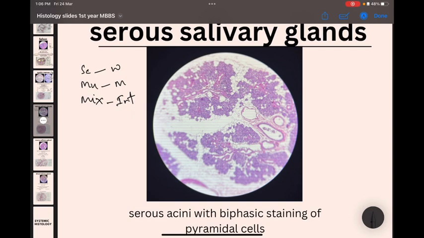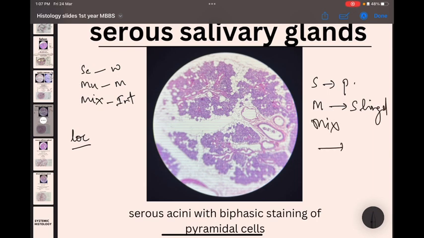So let us discuss the location. The serous salivary gland location is parotid, and then mucus location is sublingual, and then mixed is submandibular.